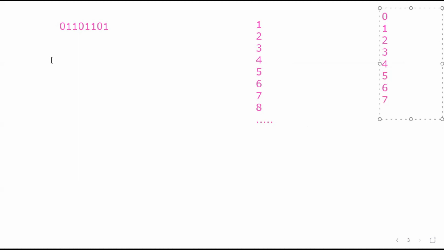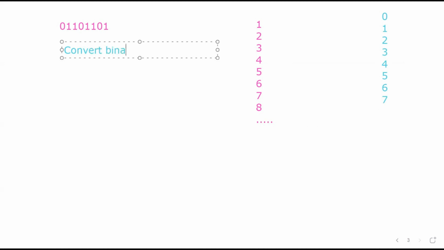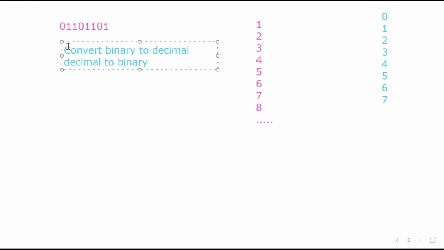We can convert binary to decimal or decimal to binary. Let me start with this. First we convert binary to decimal.